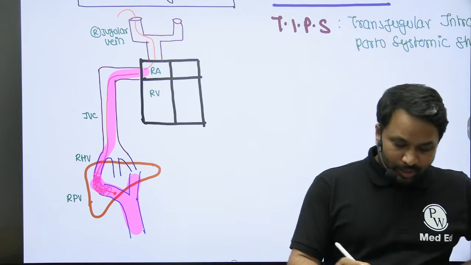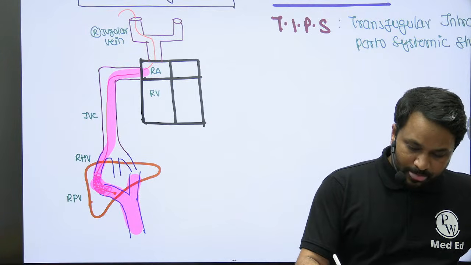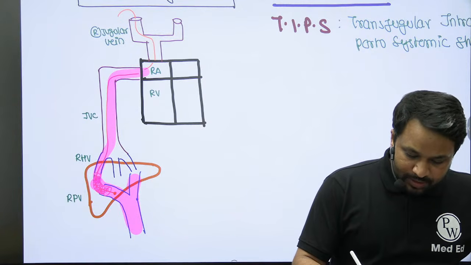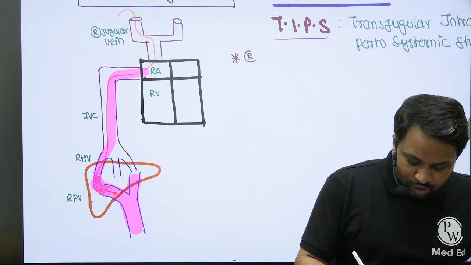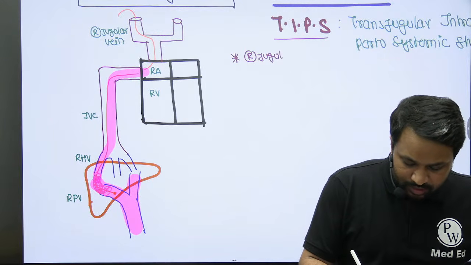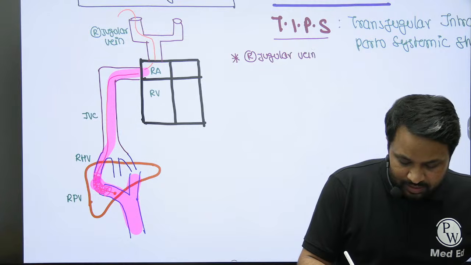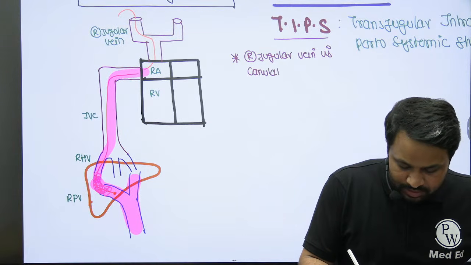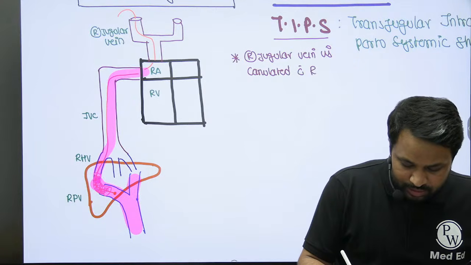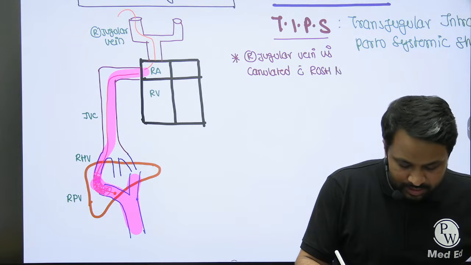So what are the points that you have to write with respect to TIPS? Number one, in the TIPS, the right jugular vein is cannulated. It is cannulated with a Roche needle. The needle's name is important.